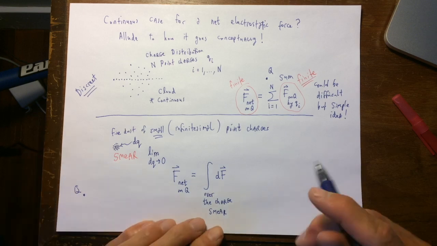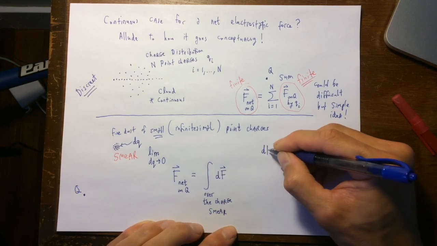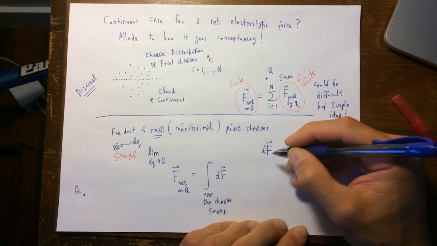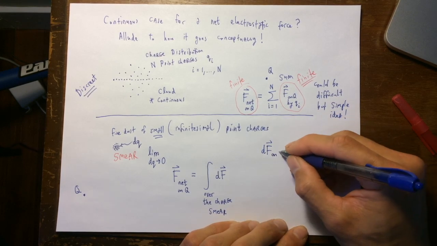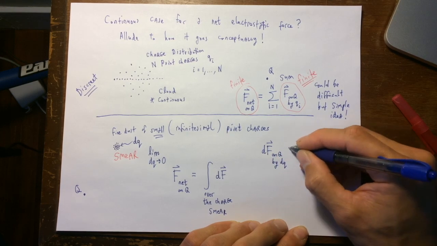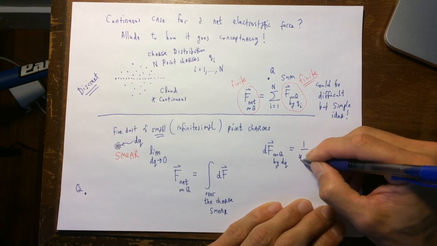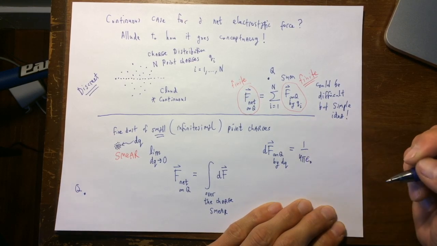So the idea is the force dF on Q by some dq is really simply written down with Coulomb's law. It's 1 over 4 pi epsilon 0.